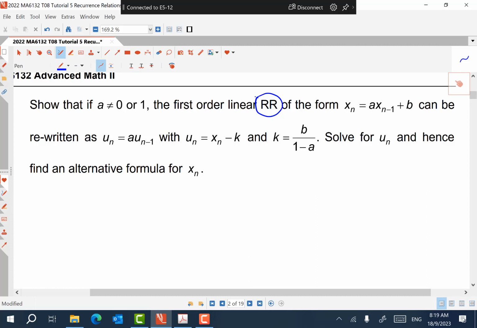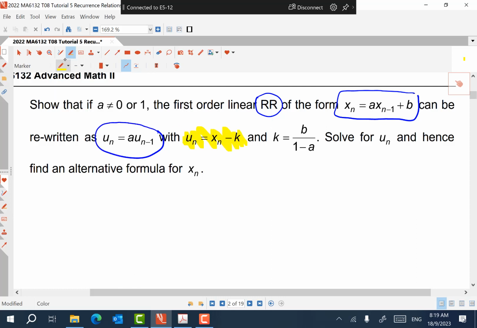Okay, John suggests, how do I go about showing this? This is the original recurrence relation. The question is saying that by this substitution, we can rewrite the yellow to become the blue.